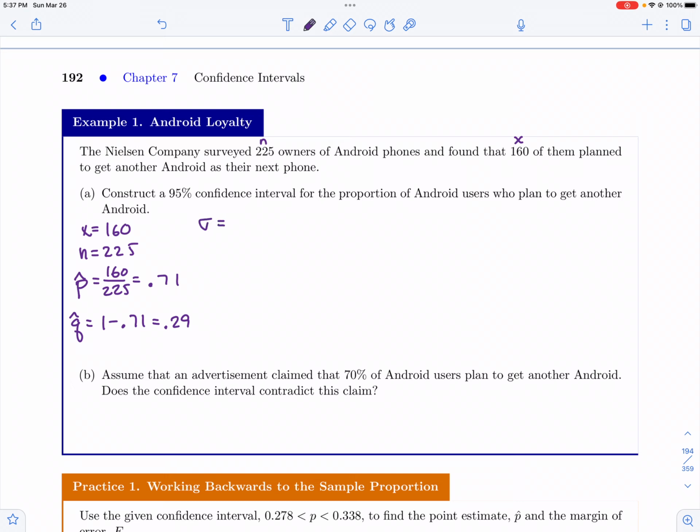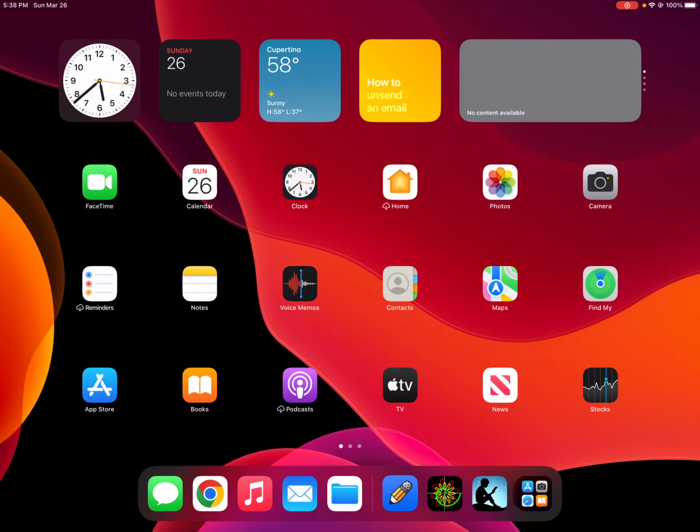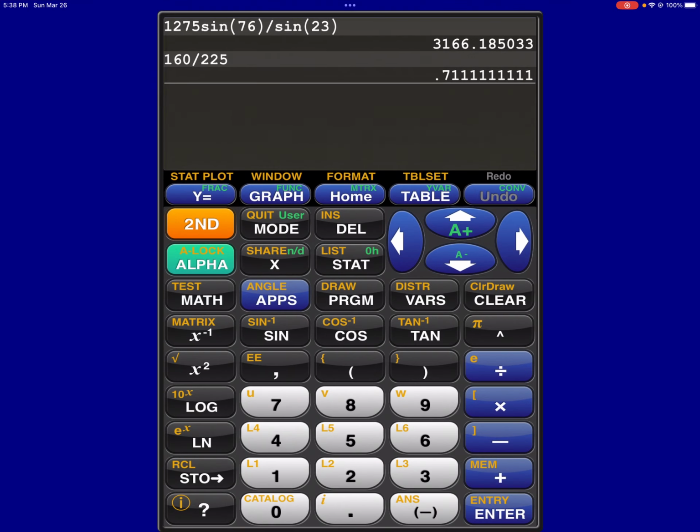So again, that's sigma equals the square root of our p hat, 0.71, times our q hat, all divided by our n, which is 225. Let's go ahead and throw that in the calculator while we've got it here. Square root of 0.71 times 0.29, all divided by 225. It looks like we get a standard deviation of 0.0303.